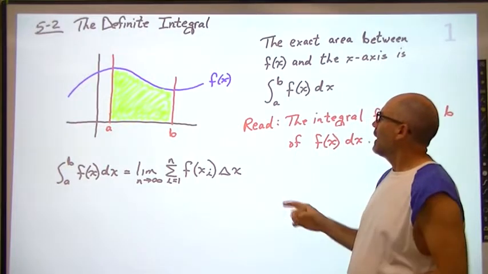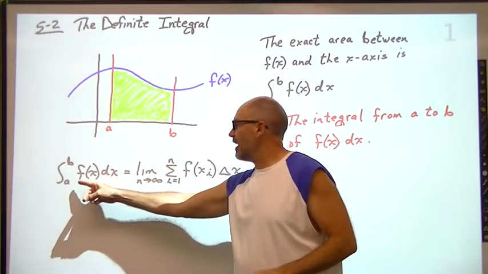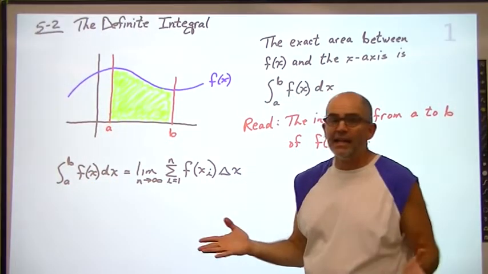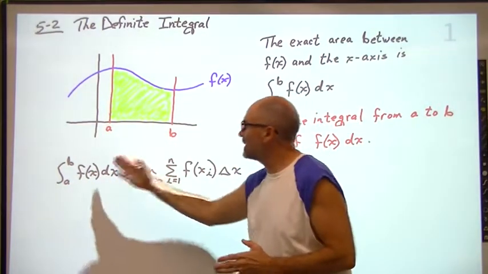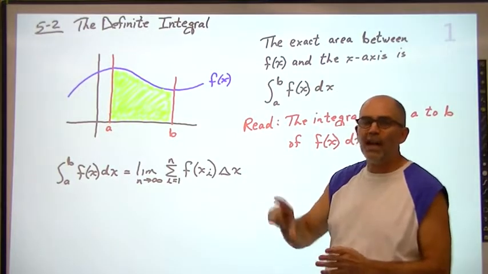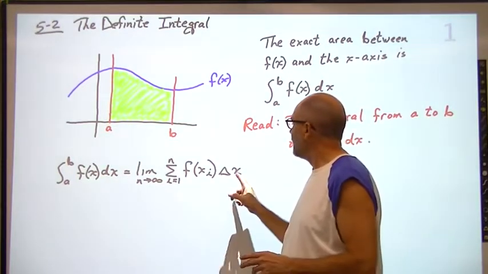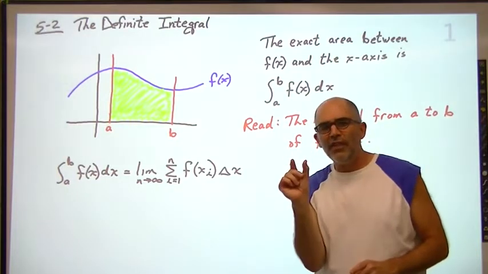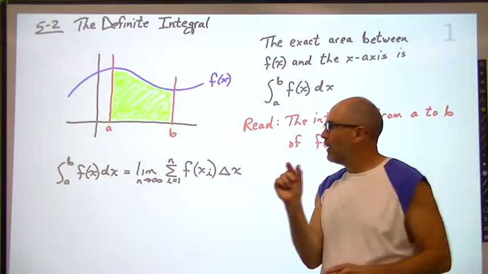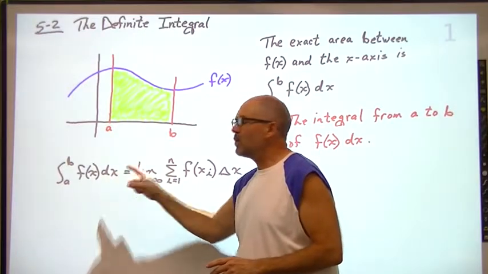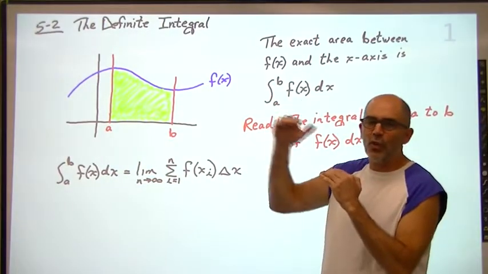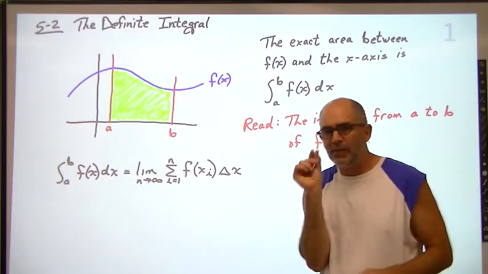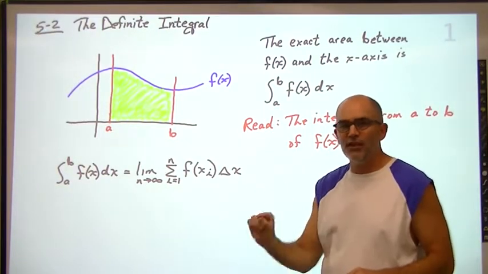Now, the notation that we have, this integral sign is really an S. And what it's saying is we're summing up all the areas. And the delta x is the width of each rectangle. Just like we've got slope is delta y over delta x, and when we want to make it infinitesimally small, it's dy over dx.